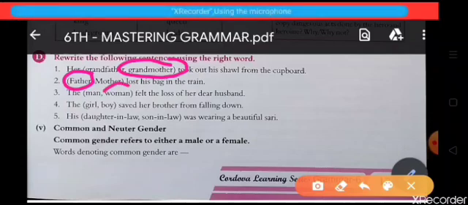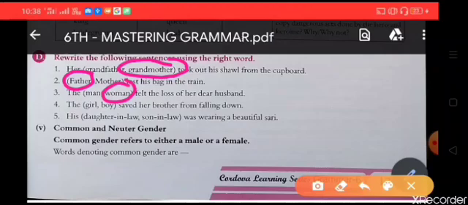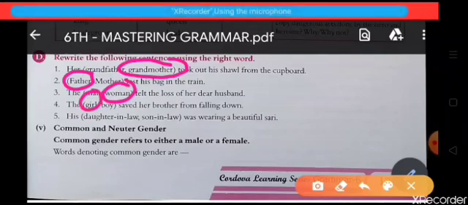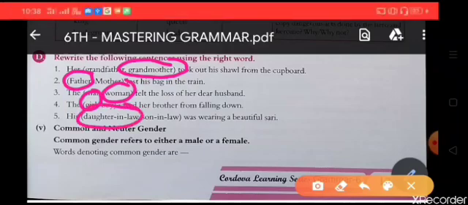The woman felt the loss of her dear husband. The girl or boy saved her brother from falling down. The girl saved her brother from falling down, or you can write the boy also. Fifth, his daughter-in-law or son-in-law was wearing a beautiful sari. So, his daughter-in-law was wearing a beautiful sari.